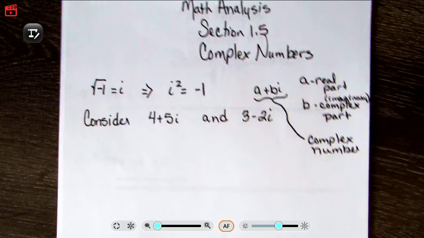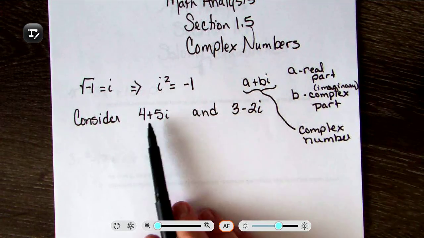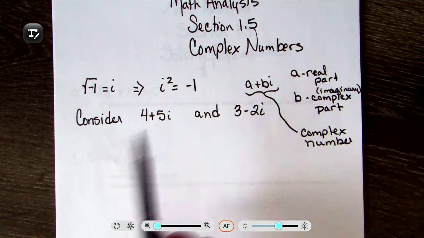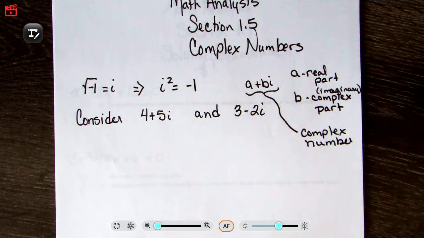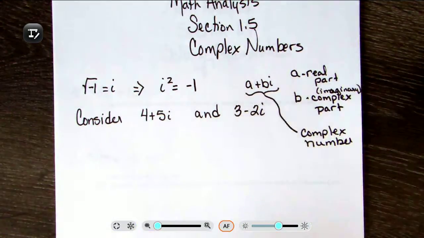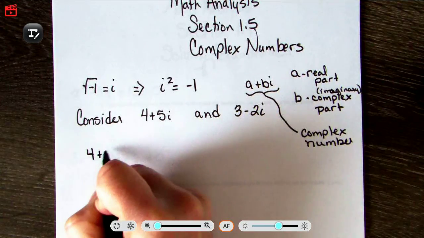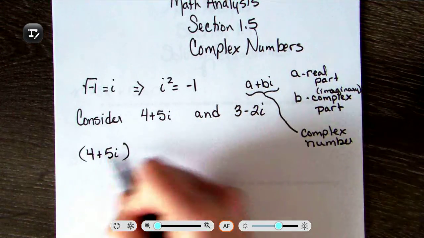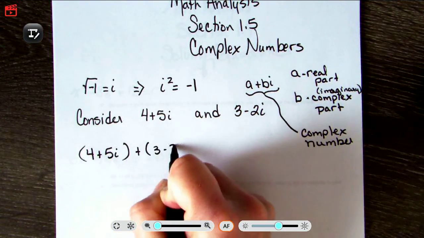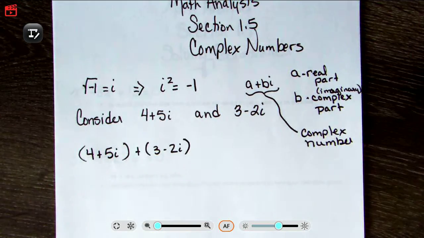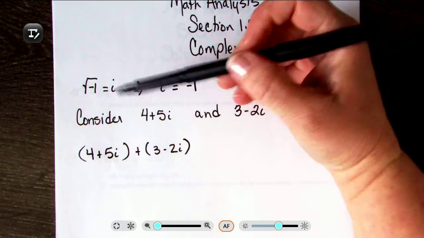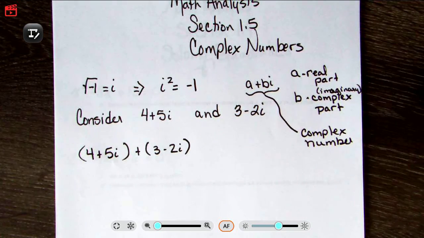So anyway, let's consider two complex numbers. So we have 4 plus 5i, 3 minus 2i. And we're going to talk about how we add them, subtract them, multiply, and divide. So here's one, and we're going to add the other. Think of i almost as a variable. It does have a definite value to it, but we can think of it as a variable.